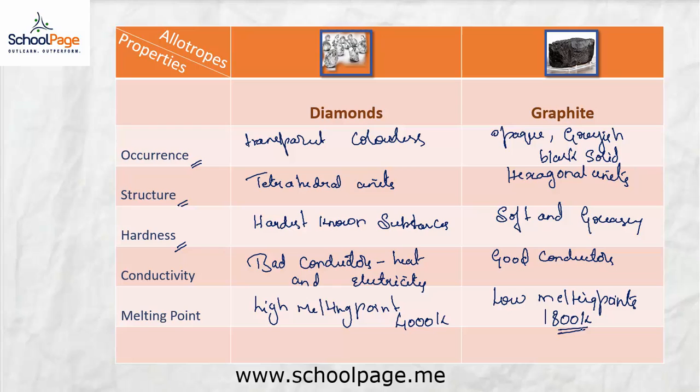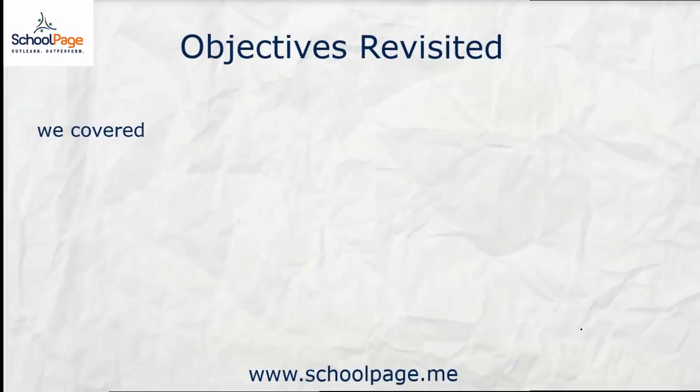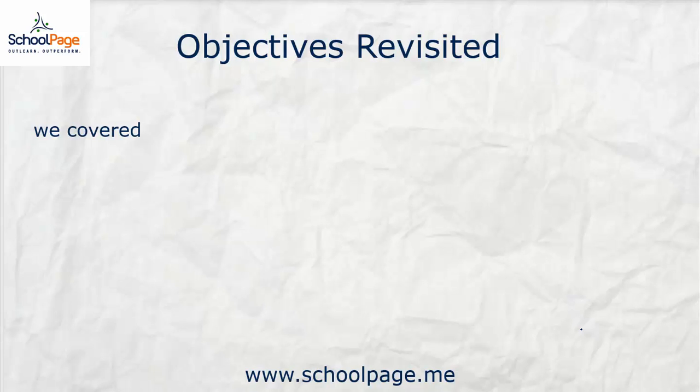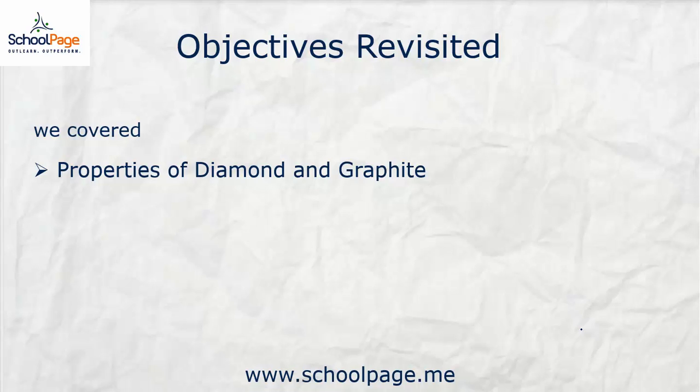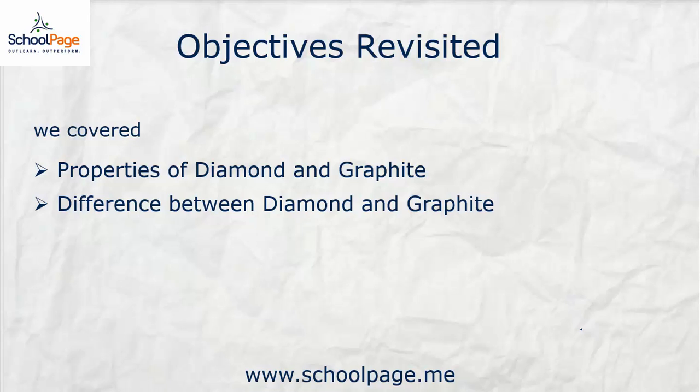Now we can see that diamond and graphite are both very different from each other, though they are made up of only carbon atoms. And the reason for this difference is their structure. In this video, we covered the properties of diamond and graphite and also the differences between these two allotropic forms.